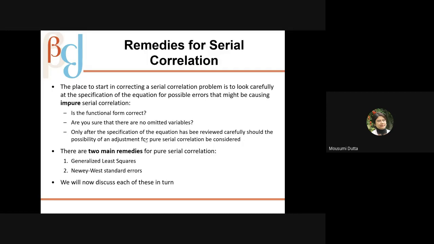Rather, if it is a pure autocorrelation, that is, it has been developed because the error in the original regression model is not a white noise, not a classical error, then what will be the remedial technique?